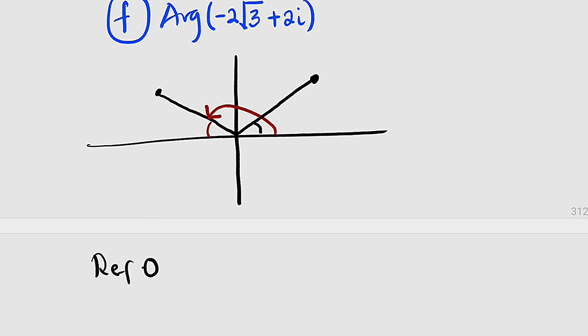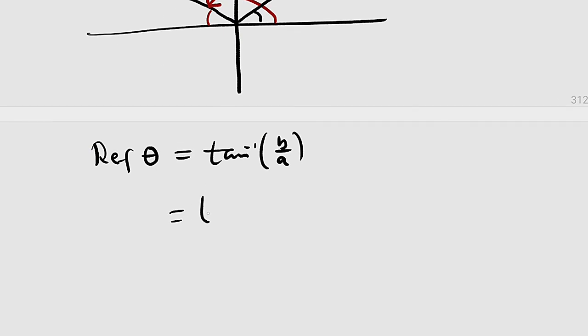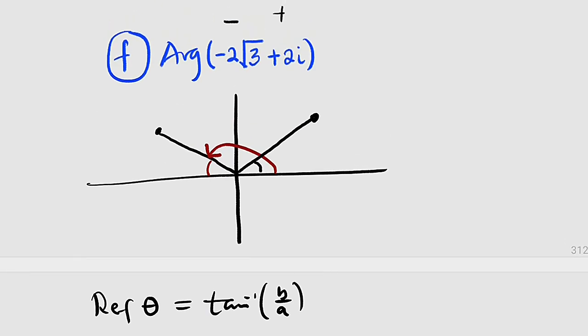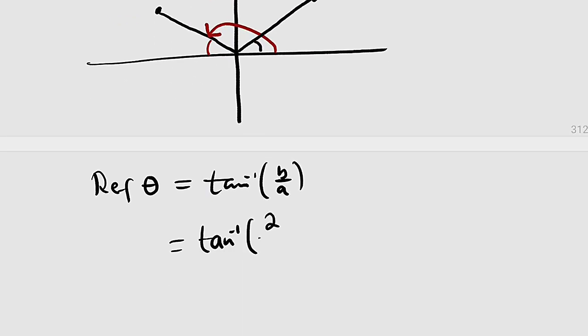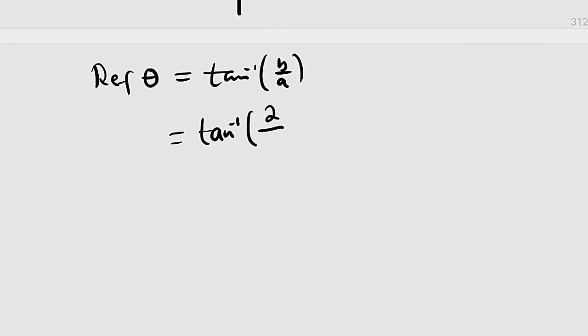Reference angle equal to tan inverse of what? B divided by A. And this is equal to tan inverse of what is B? 2 divided by A. We are going to take the positive number, assuming we are in the first quadrant. We have 2√3. 2 divided by 2√3. This will cancel this.